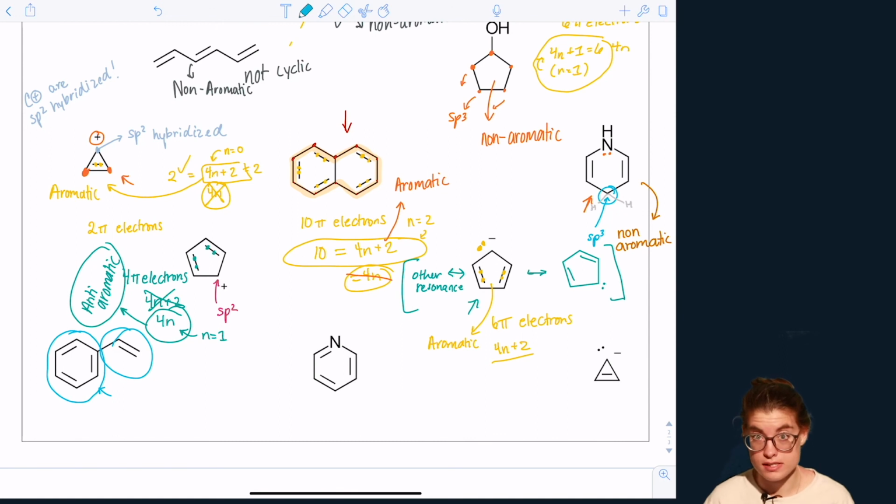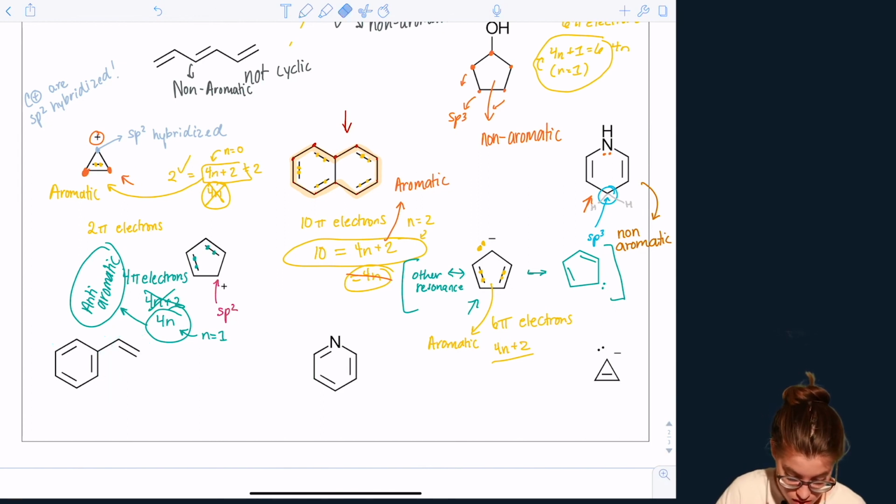So we would go through this process and we would realize, yes, it's cyclic, yes, it has p orbitals at every carbon in the ring, and we would count that there are 6 pi electrons, and so it would be the 4n plus 2 rule, and this molecule would be aromatic.